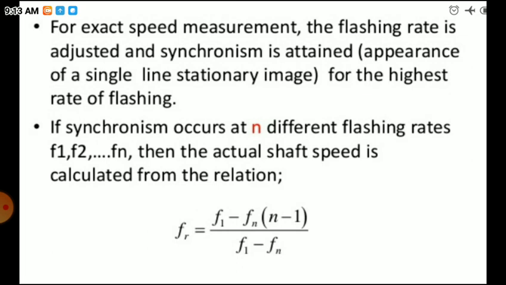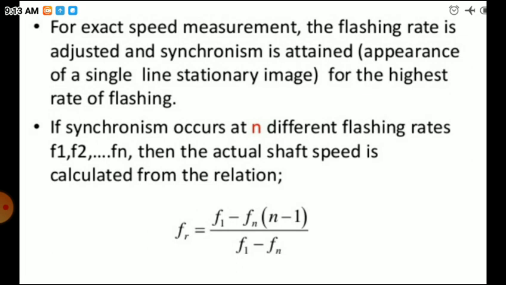Now the shaft speed is given by n equals f1 minus fn, into bracket n minus 1, upon f1 minus fn, where f1 is the highest flashing frequency for which a single line image is obtained, fn is the lowest flashing frequency for which a single line image is obtained, and n equals the number of flashing frequencies.